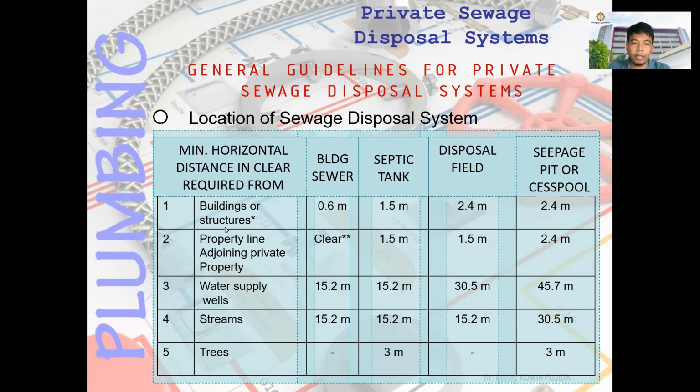Next, normally we'll have the water supply or supply wells. You can have 15.2 for the building sewer. For the septic tank, the distance from the water supply is 15.2. For disposal fields, you have 30.5. And for the seepage pit and cesspool, that is 45.7.